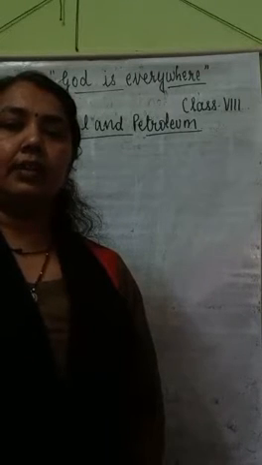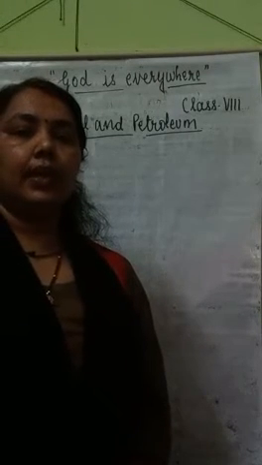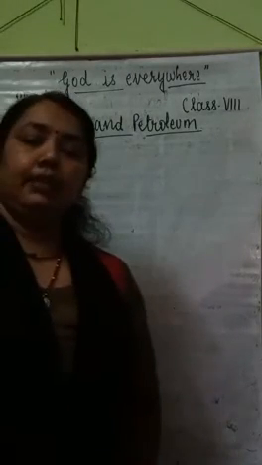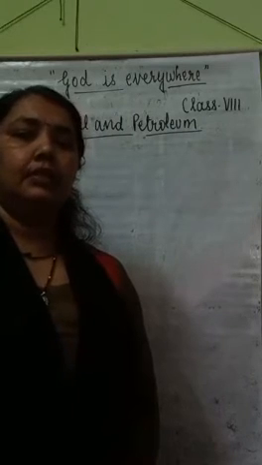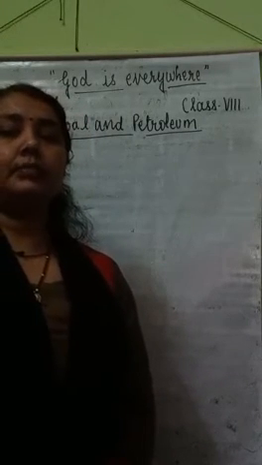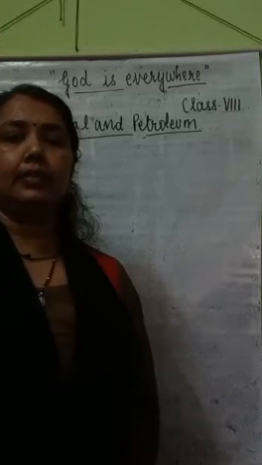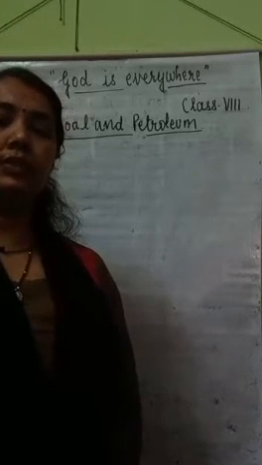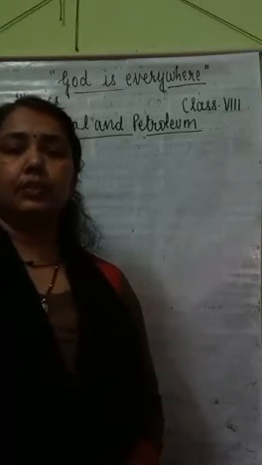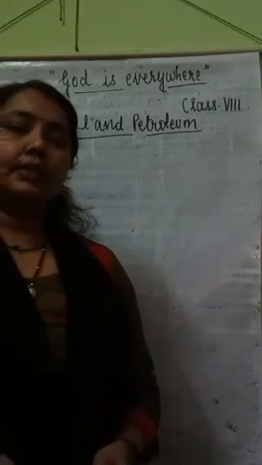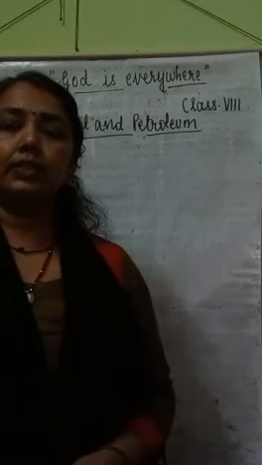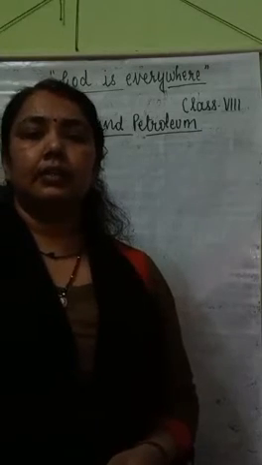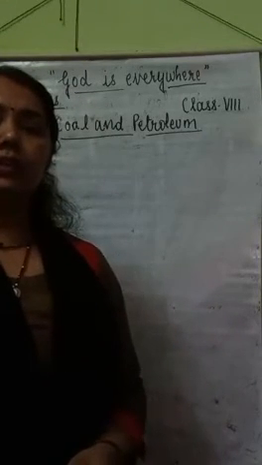So let's start our science chapter, coal and petroleum. In the previous session of this chapter, we came to know about some natural resources, like inexhaustible natural resources and exhaustible natural resources. Inexhaustible natural resources are those which are present in unlimited quantity in nature and cannot be depleted by human activities, like sunlight, air, water.